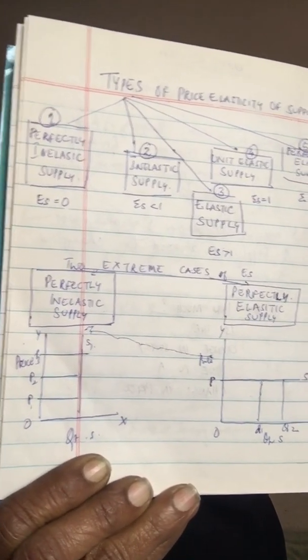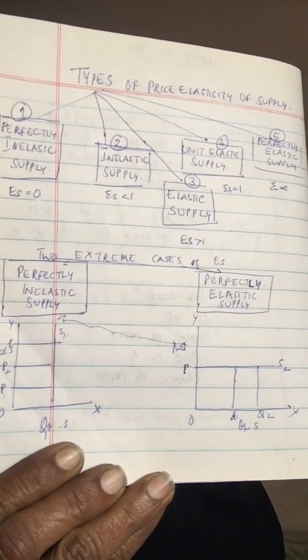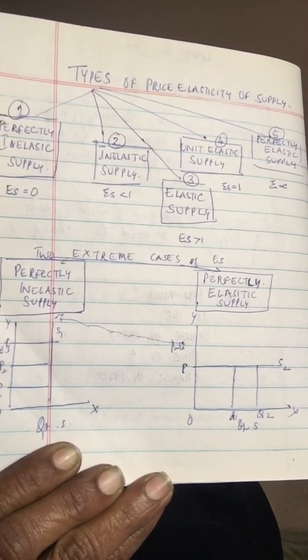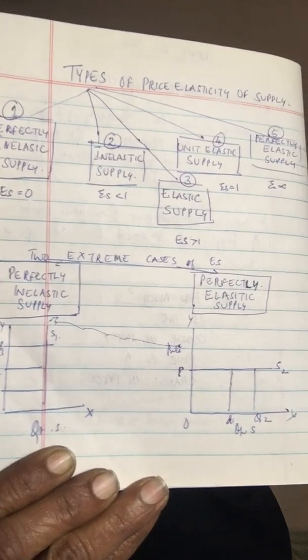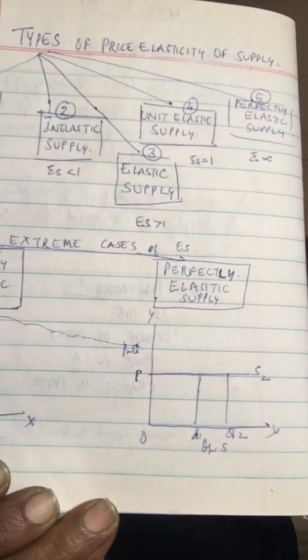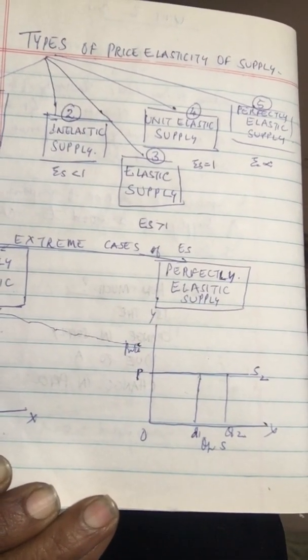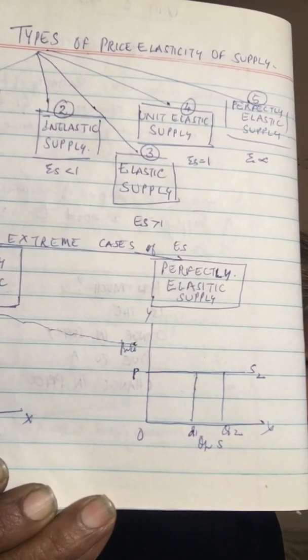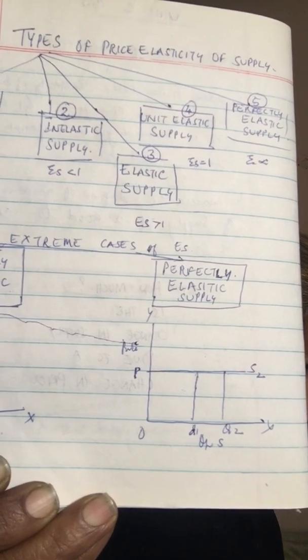Can you see that? The supply curve in this case is vertical, that is, parallel to the y-axis, as shown in the figure. Then you have what is known as infinite elasticity, which means that the supply curve has infinite elasticity at a given price.